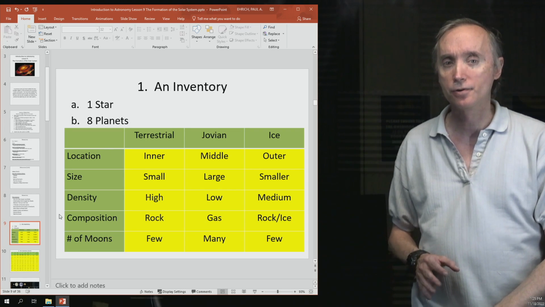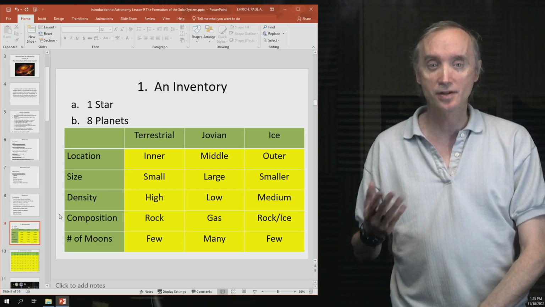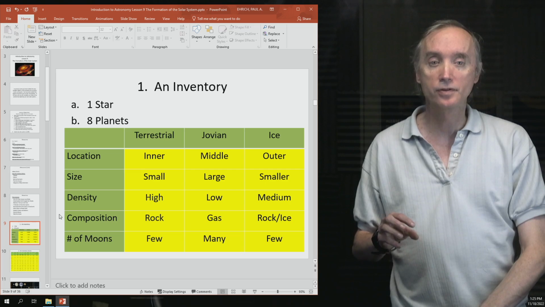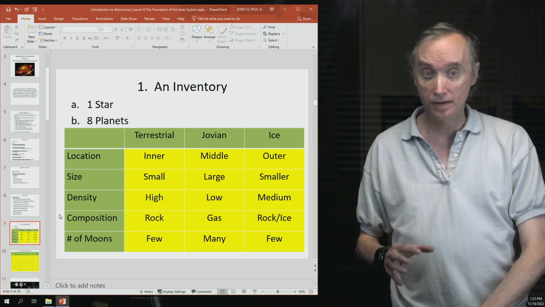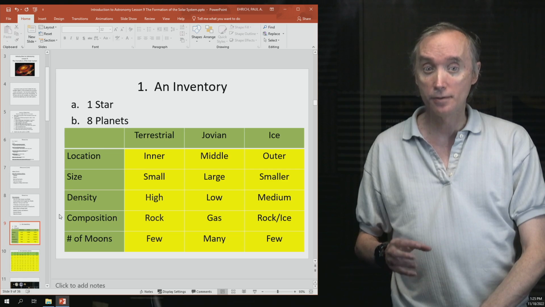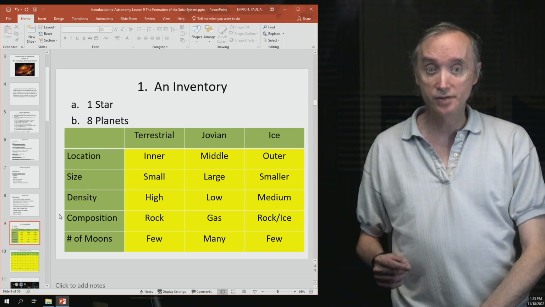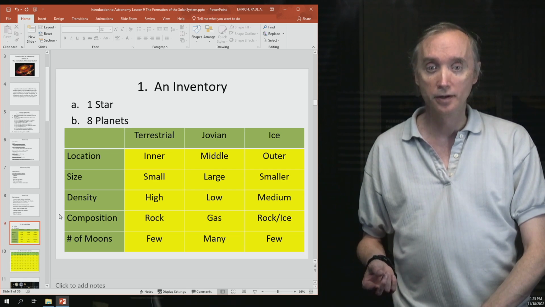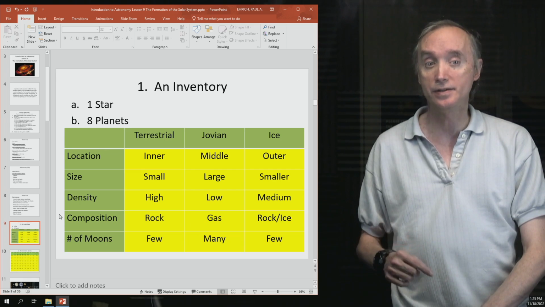Then you have the outer part of the solar system, where you're going to find Pluto. These objects are even smaller than the terrestrials. It turns out that Pluto is about the same size as our moon. Density is going to be in between the density of a Jovian and a terrestrial, because they're composed of rock and ice.